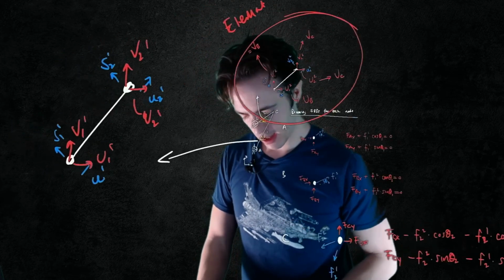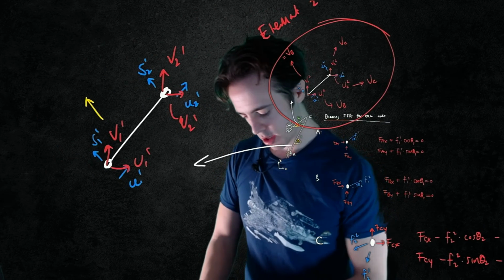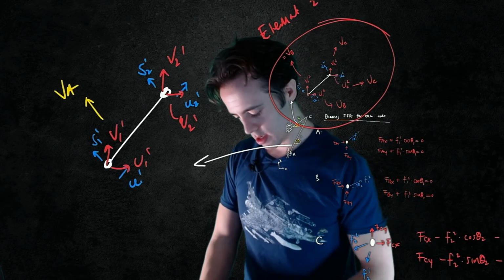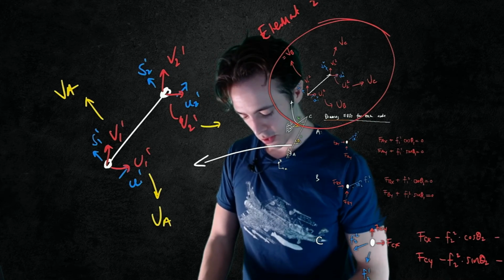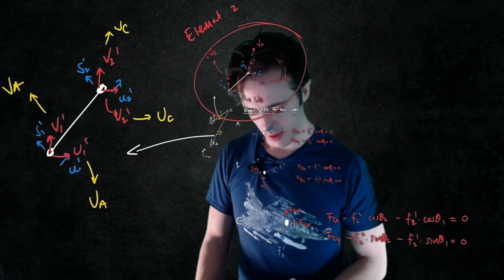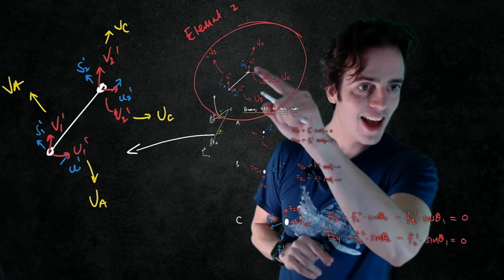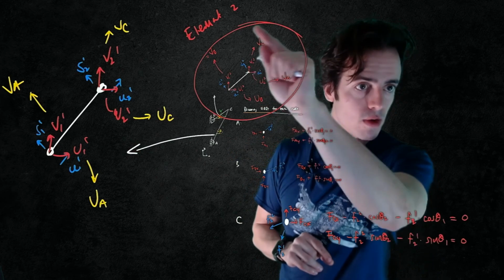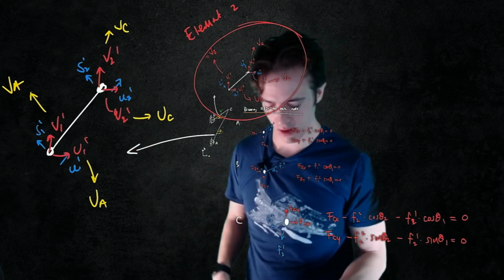And hopefully you guys can see, let's draw these in a different color. v11 is equal to VA, this is equal to UA, this is also UC, and this one is VC. So this is where we've got both v21 equal to VC, as is v22 here. So this is how the whole problem comes together, because we're tying the displacement of these two nodes.